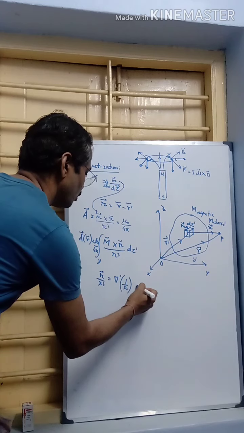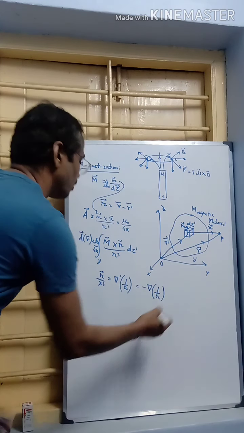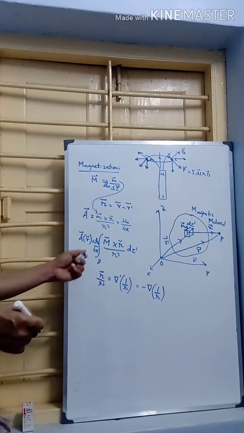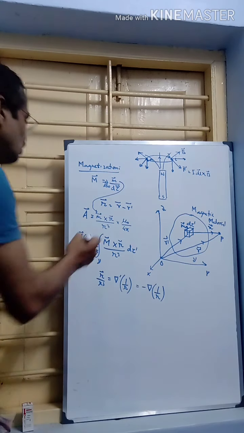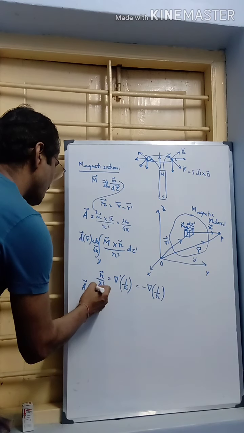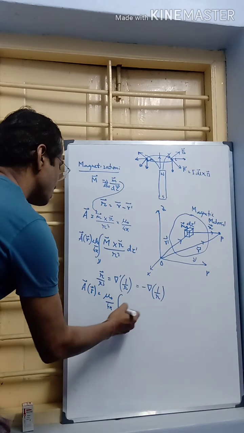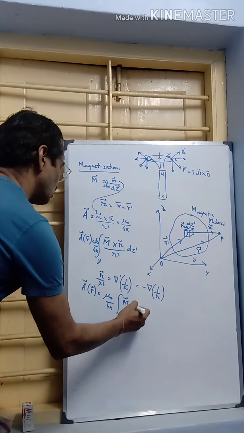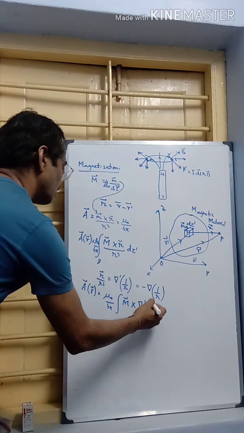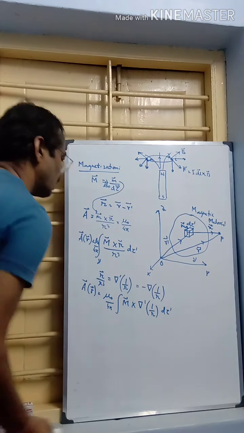Otherwise we could have put it as minus grad of 1 by curly r. That gives us curly r by curly r cube. So we can write A of r as equal to mu naught by 4 pi integral of M cross grad prime of 1 by curly r d tau prime.